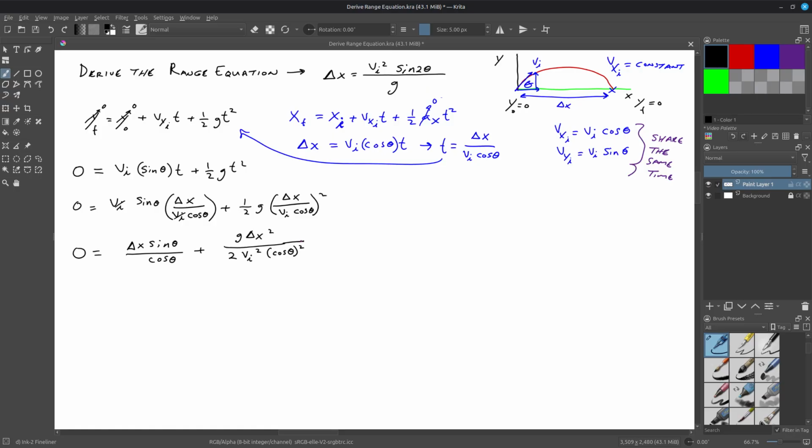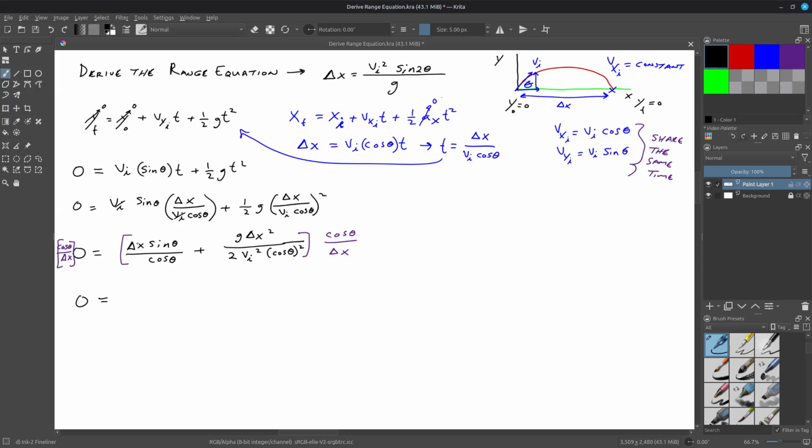And immediately we notice something. There's a delta x in the numerator, and in the denominator there's a cosine. What we could do is multiply both sides by cosine theta over delta x. I probably should have put more room here, but that's okay, because that's only going to give us 0 on the left.